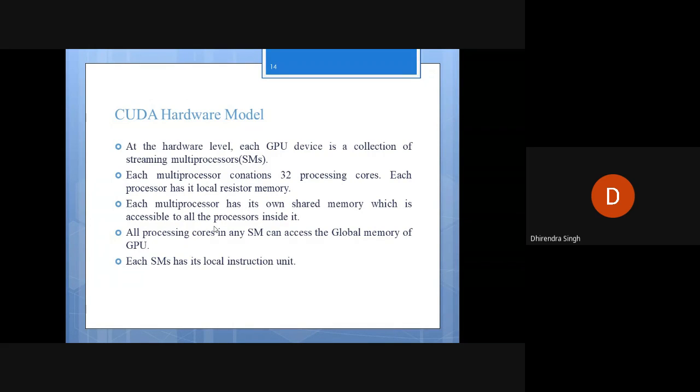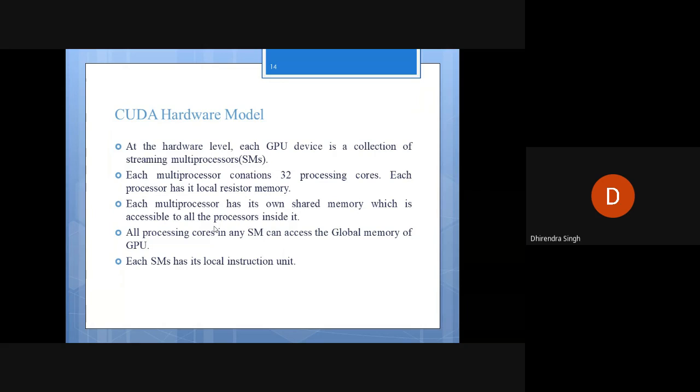And I have told you each SM has its local instruction unit. So your GPU has multiple SMs, and every SM has its own instruction unit. The instruction issued by the instruction unit present in an SM will be executed by all the cores which are present inside that SM.